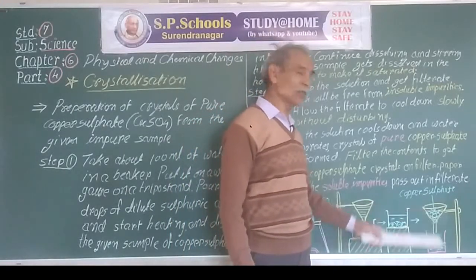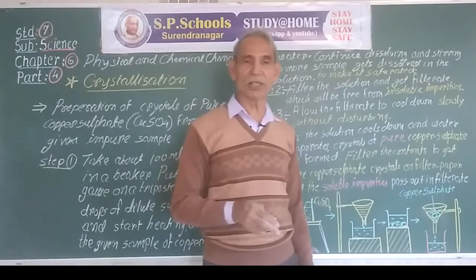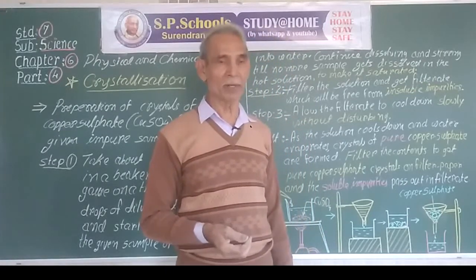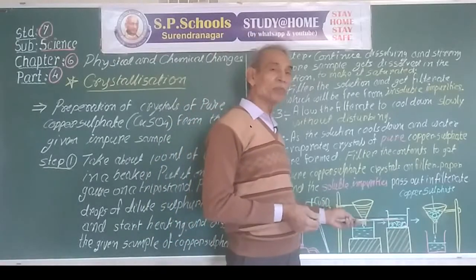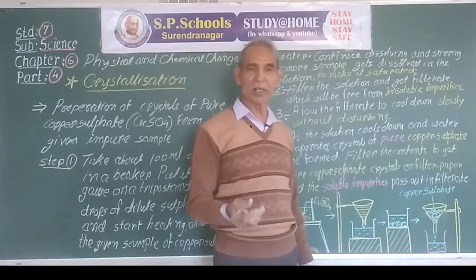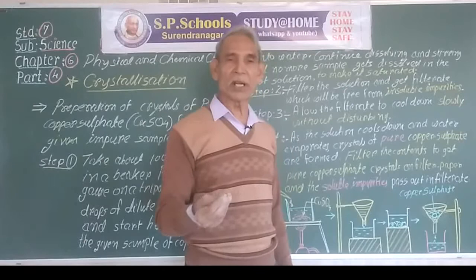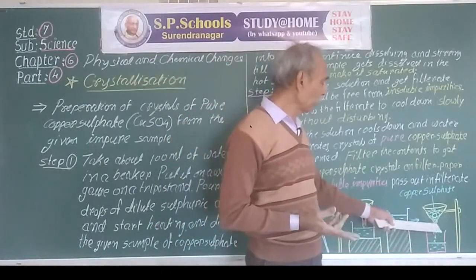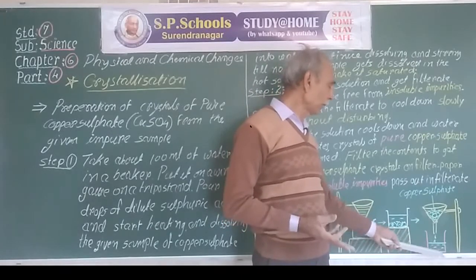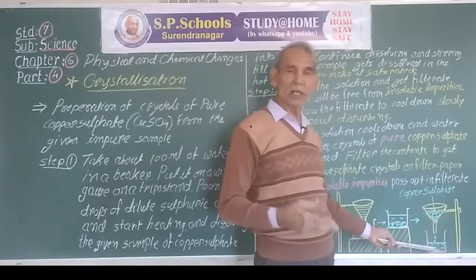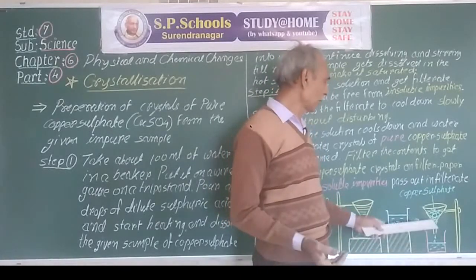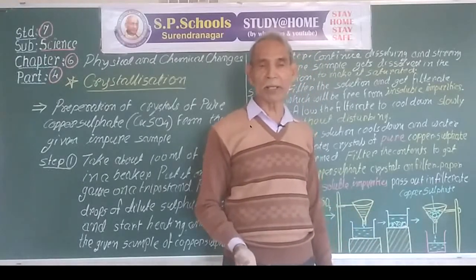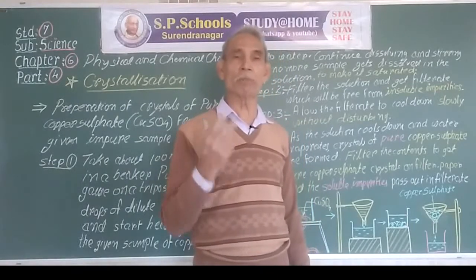The crystals which are very big in size will not pass through the filter paper. The solution which contains dissolved impurities as well as some copper sulfate also gets filtered out. So this filtrate contains dissolved substances, whereas the crystals that are obtained on the filter paper are of very pure quality.